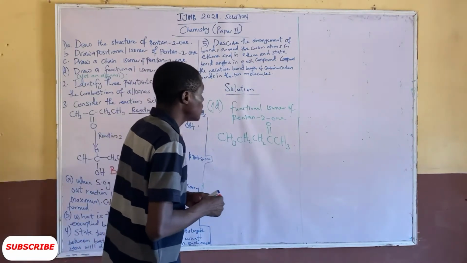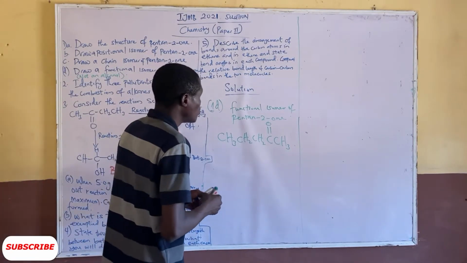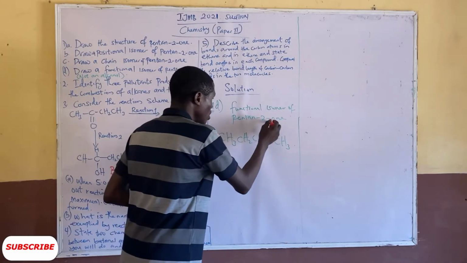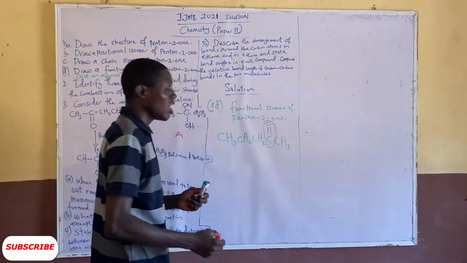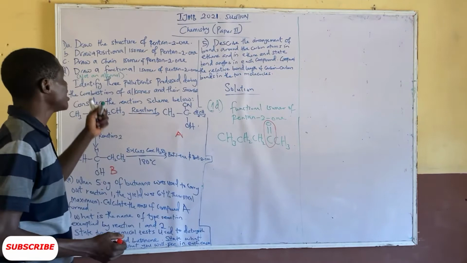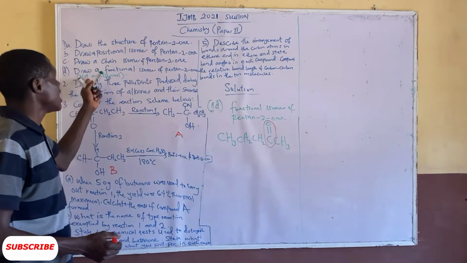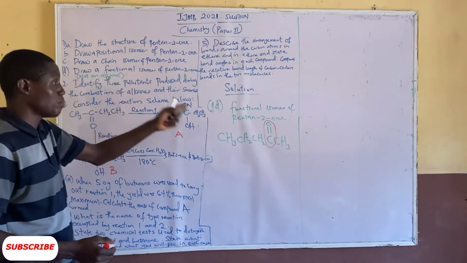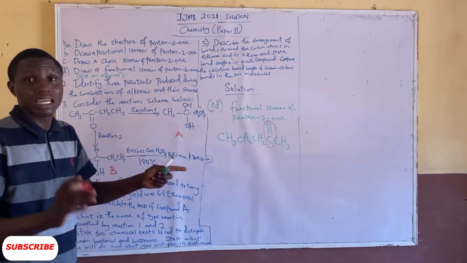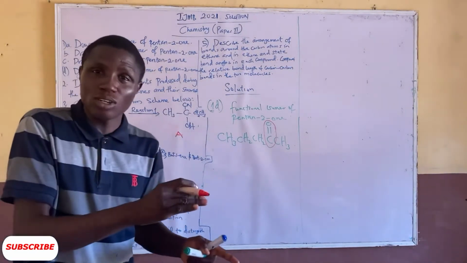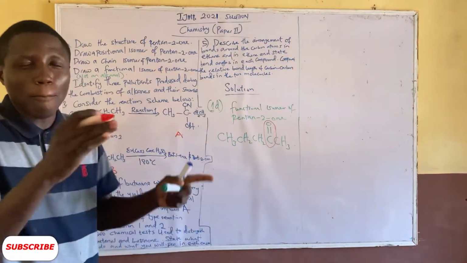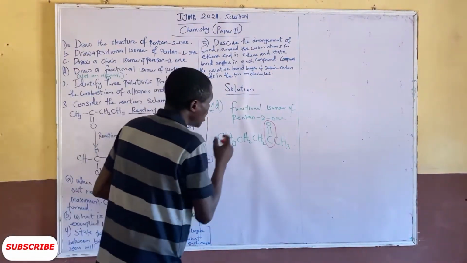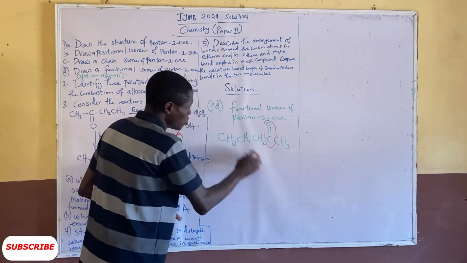Now, how do we write this in such a way that we change the functional group? We are specifically instructed that we should not write the alkanal isomer of pentan-2-one, because the examiner said you need any other functional isomer apart from alkanal.